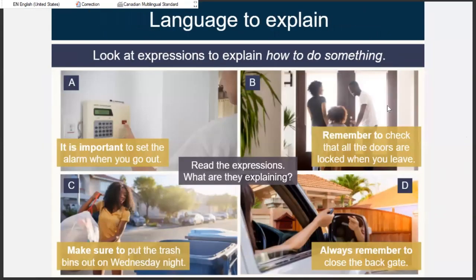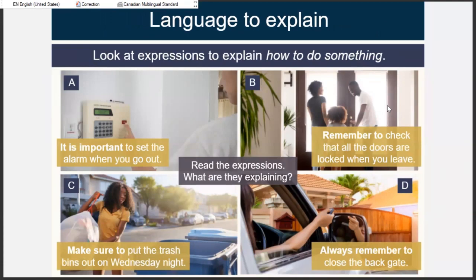Okay, so this is just an example. Here it says, it is important to set the alarm when you go out. Remember to check that all the doors are locked when you leave. The reason why we are using this example is because it's related somehow to your assignment. So these are some expressions at the beginning. Make sure to put the trash bin out on Wednesday night.